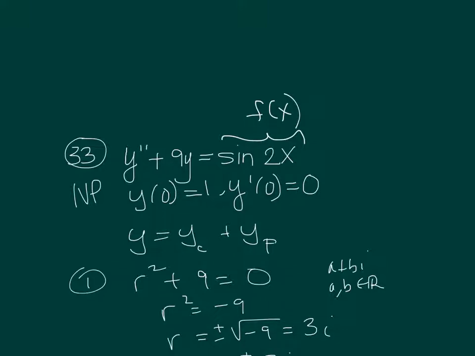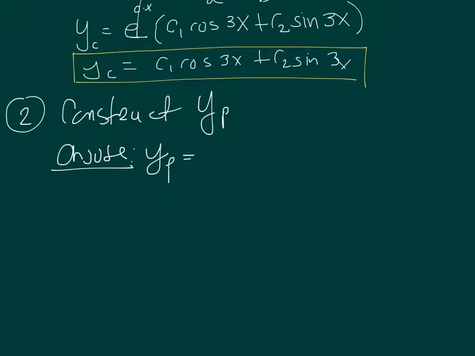So I'm going to have a sine 2x involved there. So probably a cosine 2x plus b sine 2x. And make sure you include the cosine. Don't just write b times sine 2x because you see sine 2x. Because remember, you're going to be differentiating, and when you differentiate sine you get cosine, and so you're going to need that cosine of 2x.